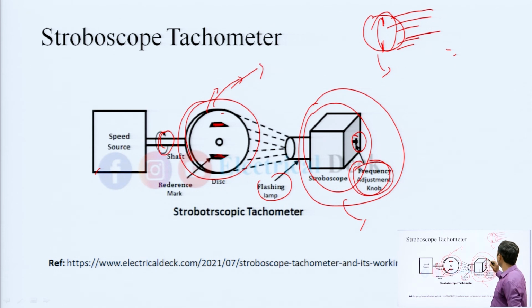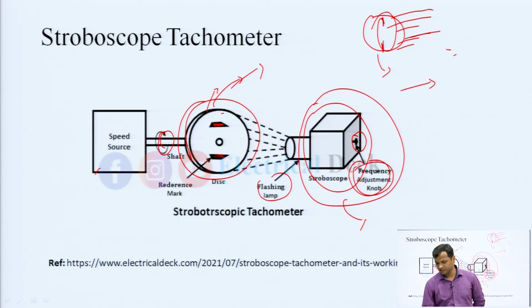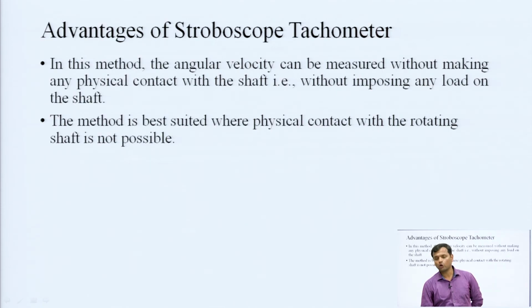So, the speed of rotation is proportional to the frequency. That is the basic arrangement of the stroboscope tachometer.